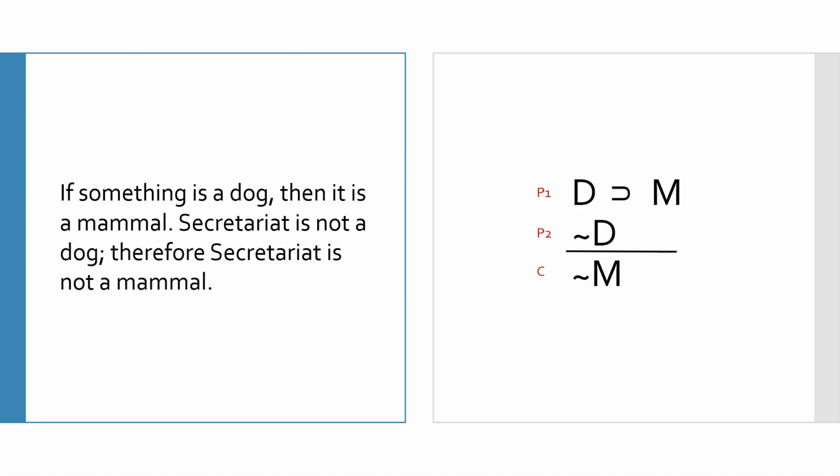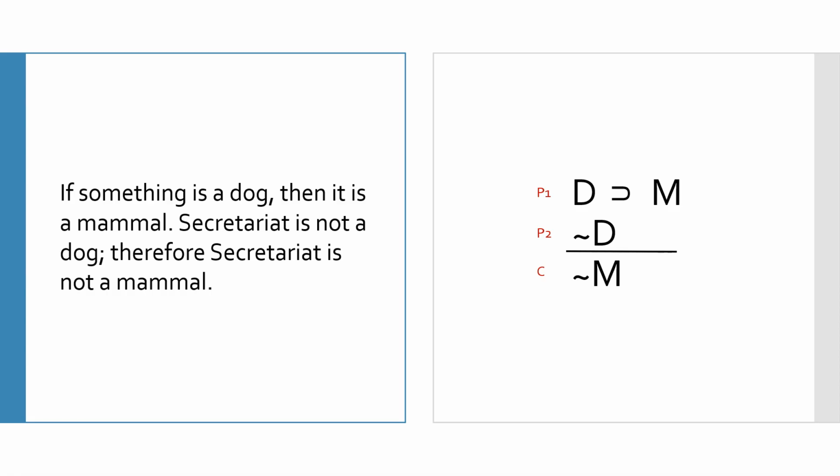One last time, let's just throw this back into the dogs and mammals kind of example. Notice if I say if something's a dog, then it's a mammal, that's an undeniably true claim. But if in the second premise, all I can tell you is whatever I'm talking about is not a dog. So if I say Secretariat, the horse is not a dog, therefore Secretariat is not a mammal, this clearly doesn't follow. And for the reason that just because it's not a dog wouldn't imply it's not a mammal.